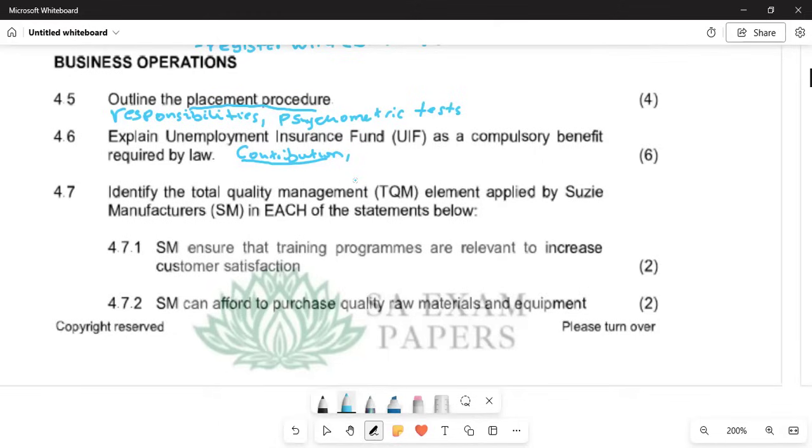So also we can talk about the fund also assists the dependents of a contributing worker who has died. So if it may happen that the worker dies, the fund is going to assist the dependents. The fund assists the dependents.